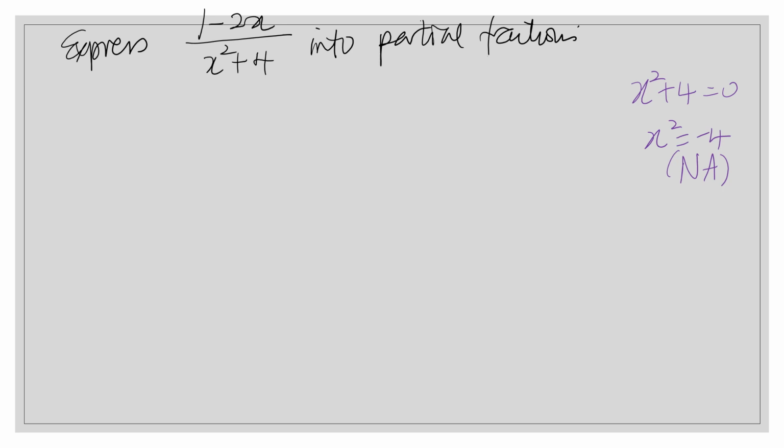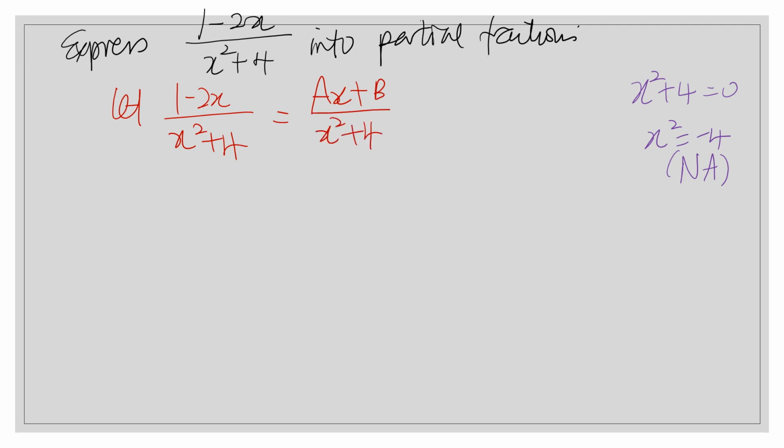So if that is the case, then what is the rule? The rule is just to let it equal to ax plus b. And in this case, you see that you can't actually do anything else.